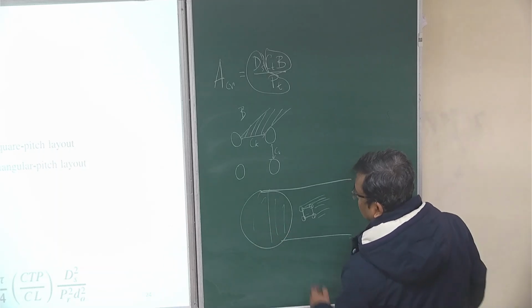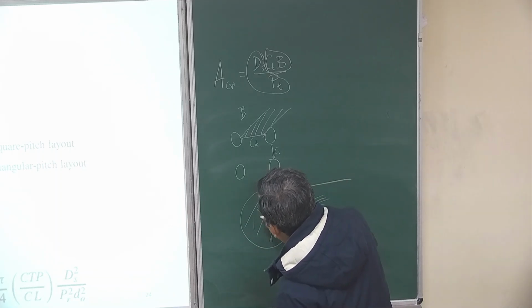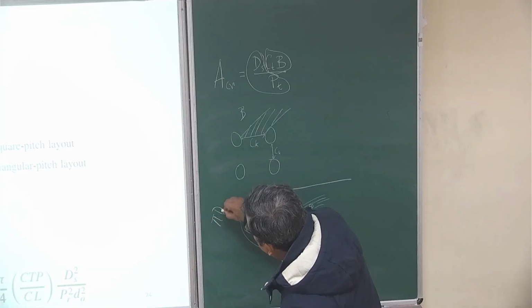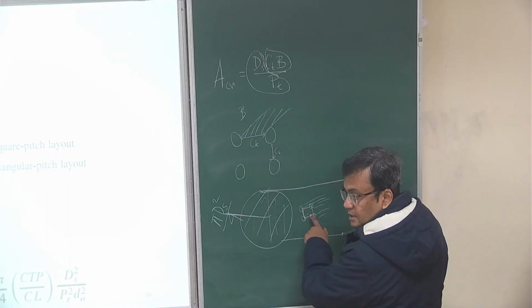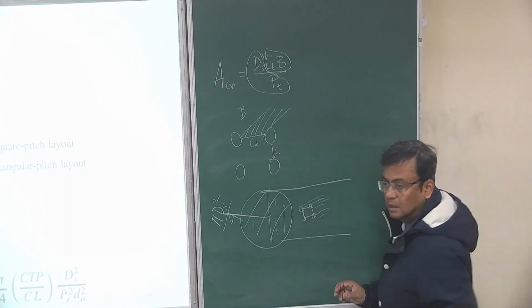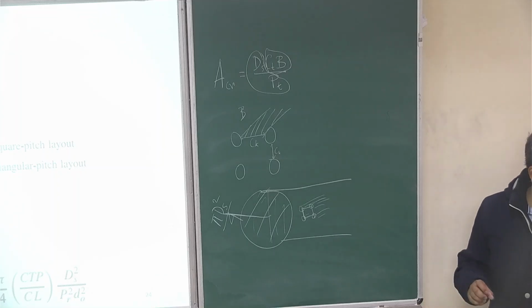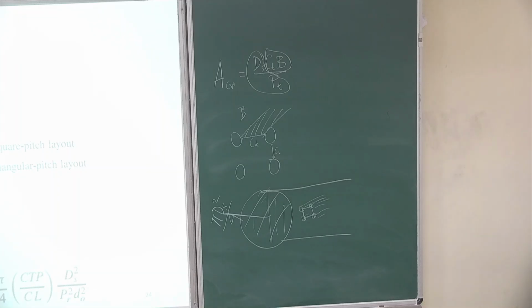So if you take this pi ds squared by 4, then you divide it by this, you get the number of tubes, but you need some adjustment also. So that adjustment is the CTP thing that we are talking about.